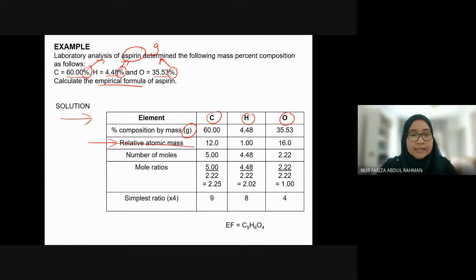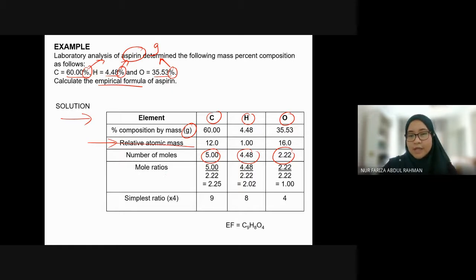Next, find out the number of mole for each constituent. So this would be the moles. You have to divide the mass with the molar mass in order to get the mole. Next will be the mole ratio.